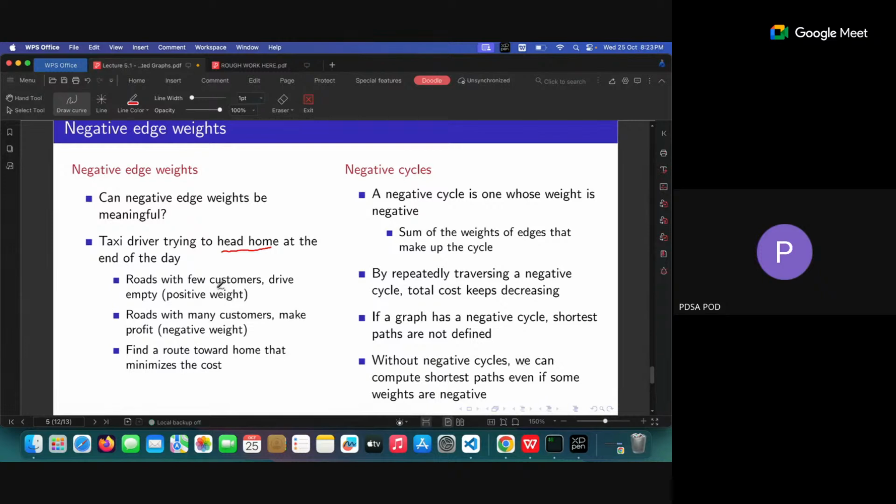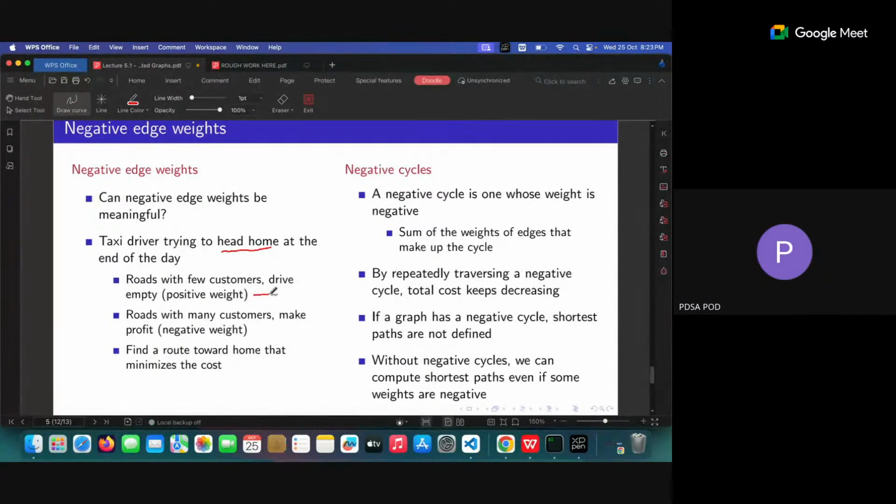During his travel, a few customers are available, but he drives empty because he wants to go directly home. If he picks up one customer, maybe the destination is different, so it's difficult.